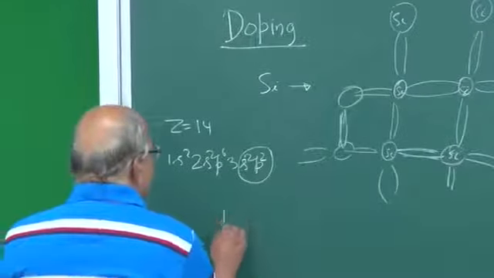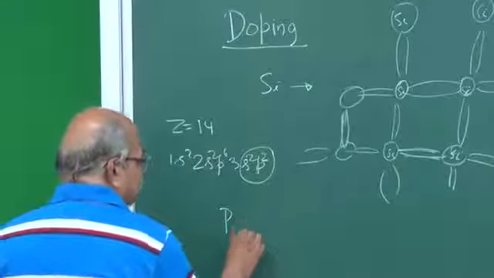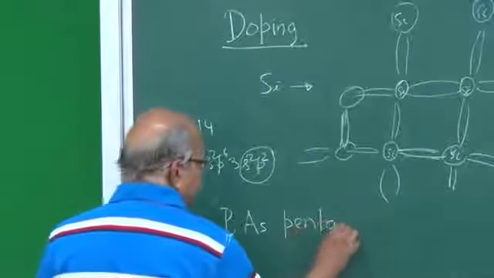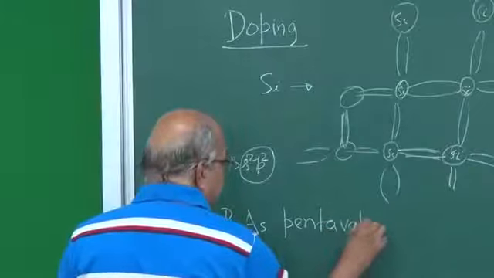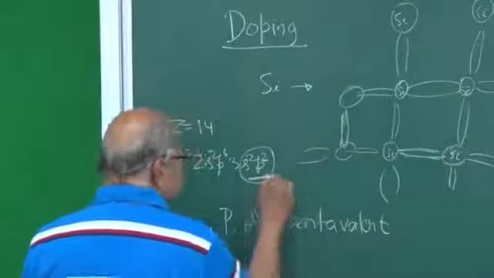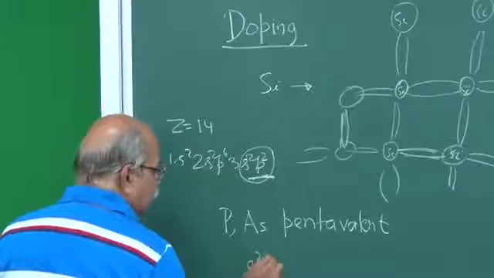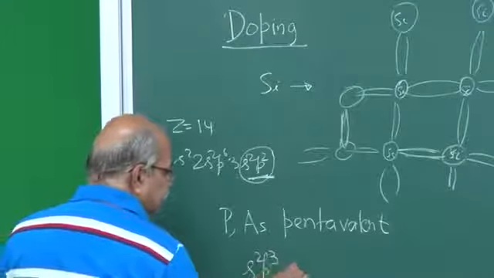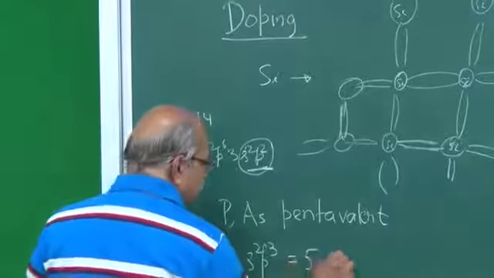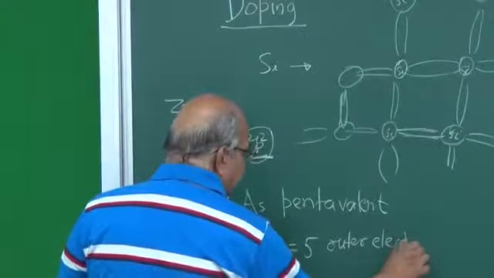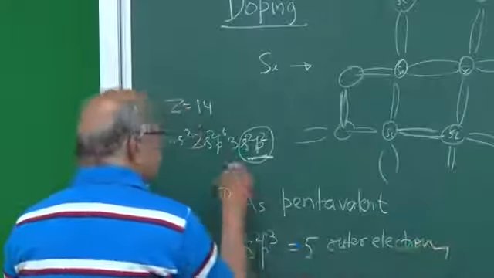So these are pentavalent, in the sense that the last shell will be s2p3. So 5 outer electrons. Here you have 4 outer electrons.